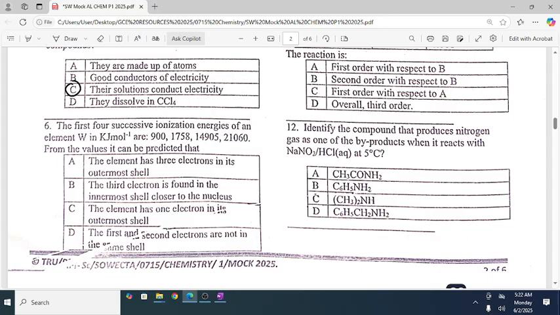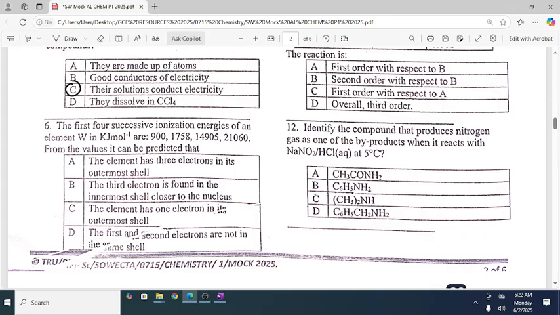It's basically the minimum energy required to remove 1 mole of electrons from 1 mole of a gaseous element to form 1 mole of gaseous unipositive ions, if I can remember very well. When you have these ionization energies given to you like this, you have to check where there is the first high jump. From 900 to 1758 is not really that much.